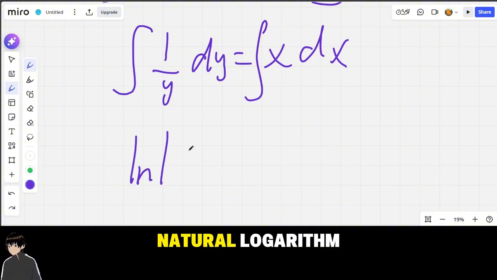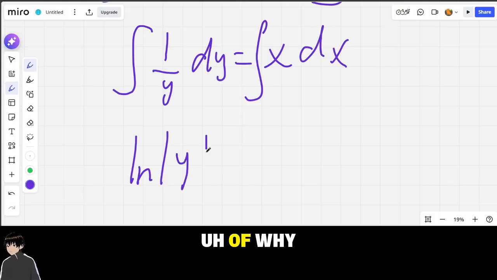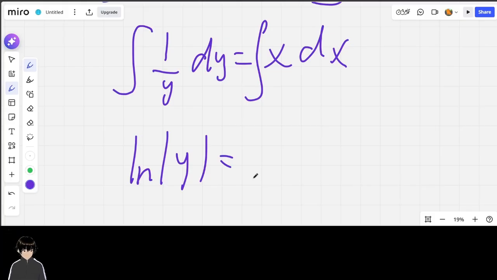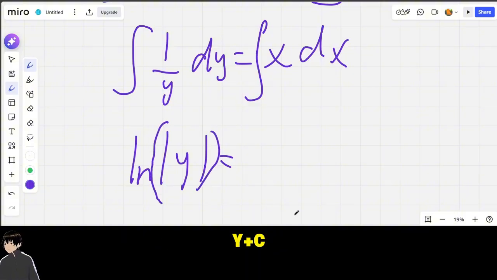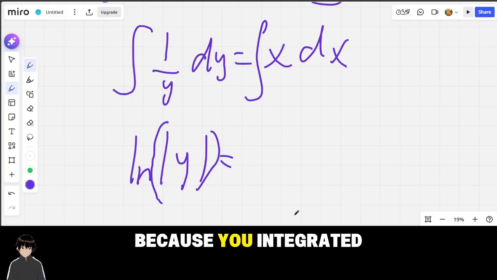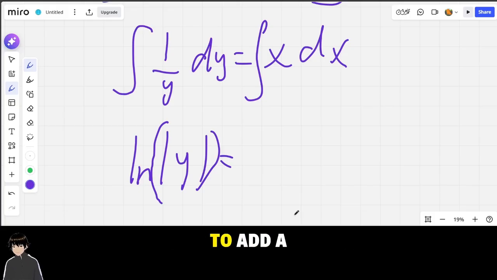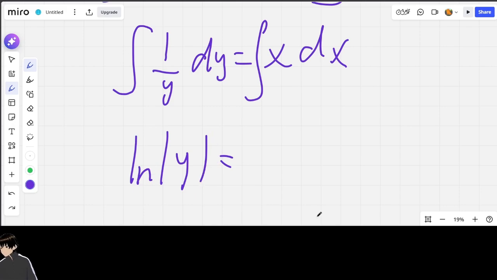So that's going to be the natural logarithm of y, and then we're going to have, I believe, this. Yeah, so that's going to be ln absolute value of y plus c. Then because you integrated it, you have to add a constant.